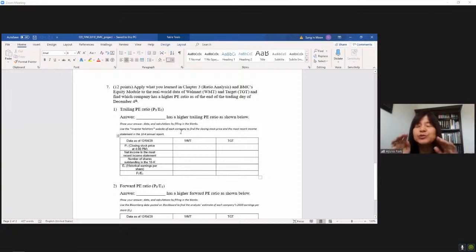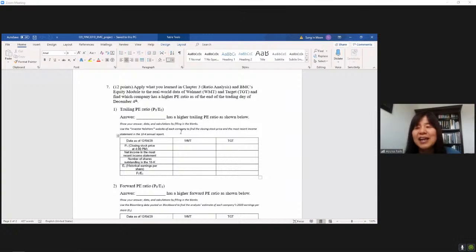So use Google and type WMT, Walmart, investor relations. Then you can find the web address of Walmart's investor relations website, and that website is a very good source of the most recent financial statement, the 10K annual report.